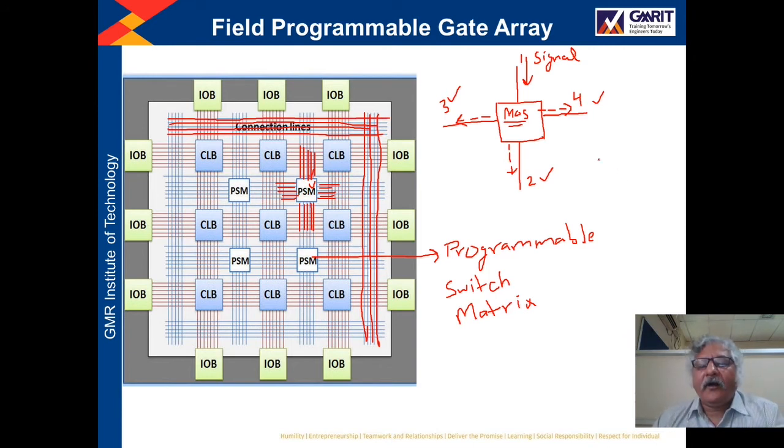Now, already we know that. Let us assume this is one MOSFET, this is one NMOS. Let us see, this is some routing wire number 1, and here this is routing wire number 2.